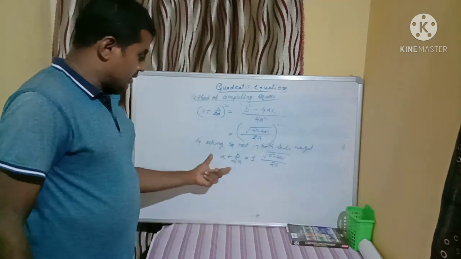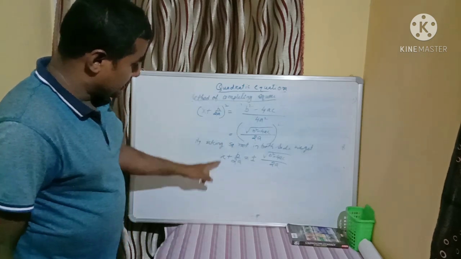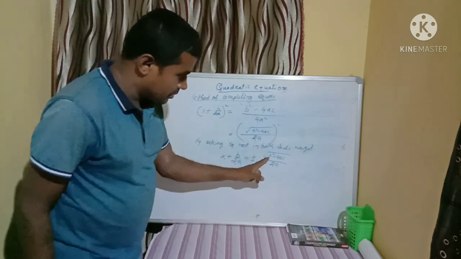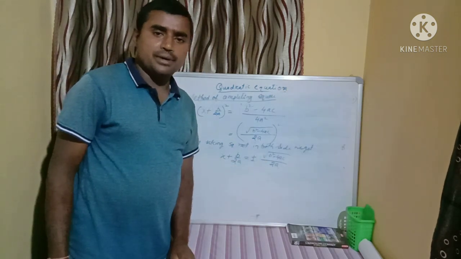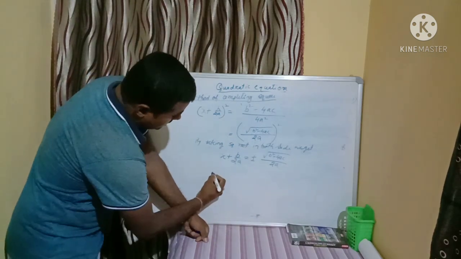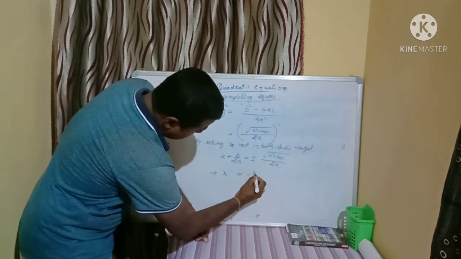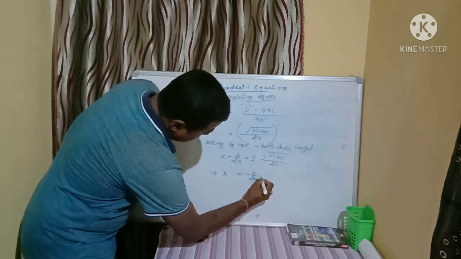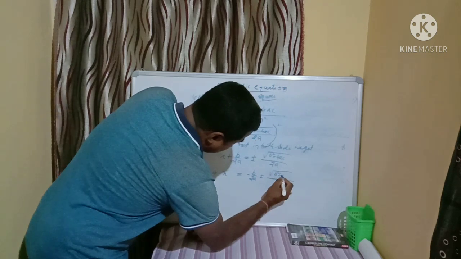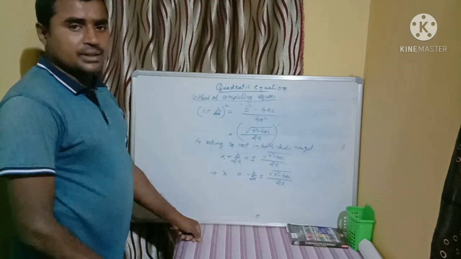Okay, taking square root on both sides, we get x plus b by twice a equal to plus minus square root b square minus 4ac divided by twice a. Now take the b by twice a term to the right side. We get x equal to minus b by twice a plus minus square root b square minus 4ac divided by twice a.